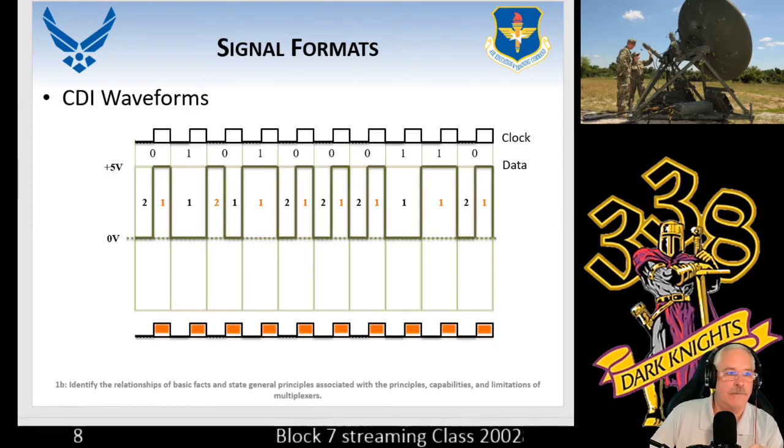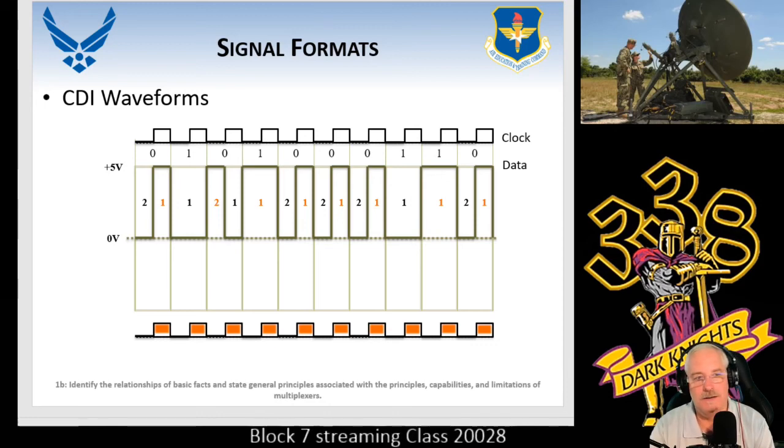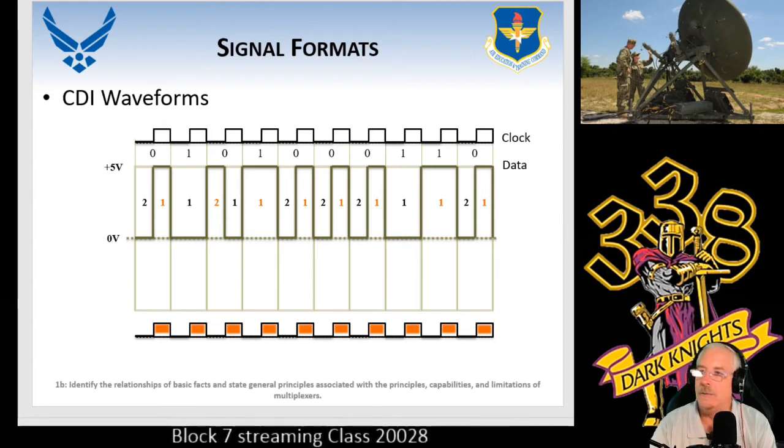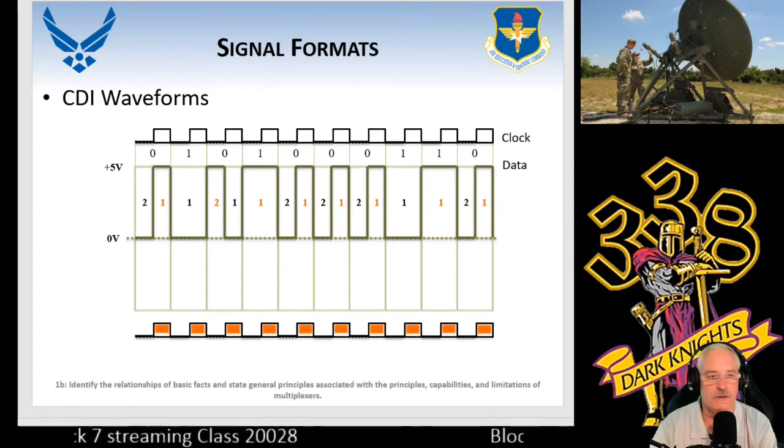Let's take a look at it. So with a digital information of 0, you're going to have 2 transitions. They're going to be on the clock cycle. So in our case, it's going to go up. Halfway through the clock cycle, we're going to go down. There's your 2 transitions.